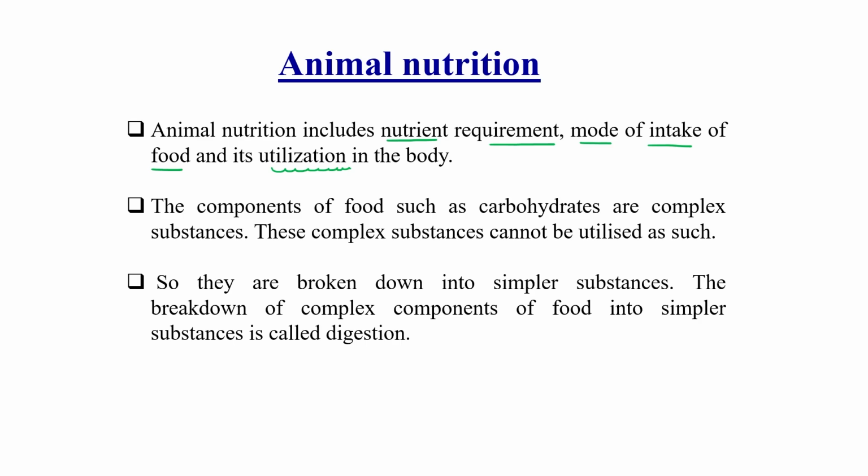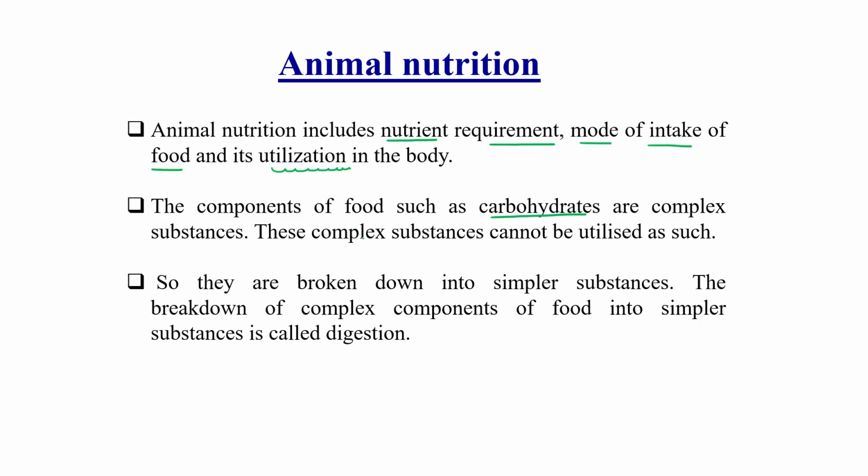So what are the components? Components include carbohydrate, right? These are complex substances. Carbohydrate, protein, fat, these are the components which come under animal nutrition. But these carbohydrates, fats, proteins are present in a complex form.